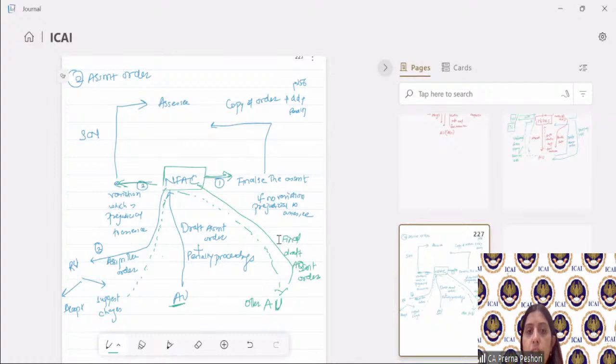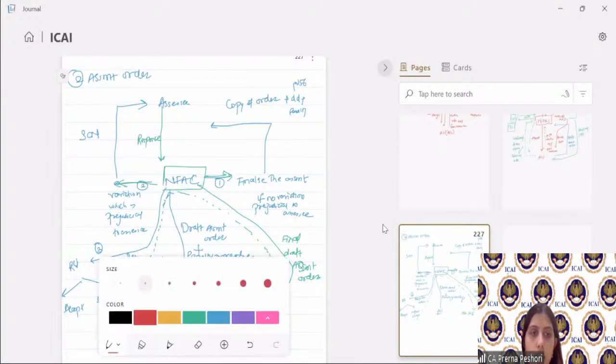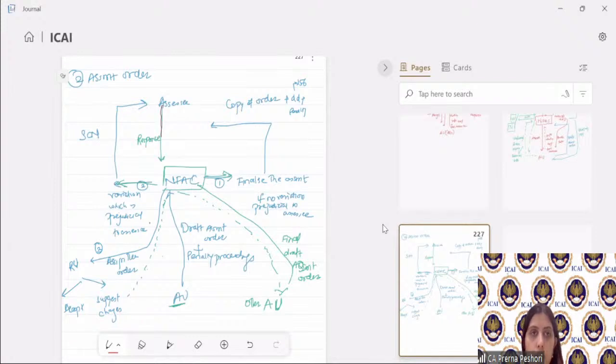So if the assessee is filing the response to the show cause notice, NFSC will send the response received to this assessment unit.